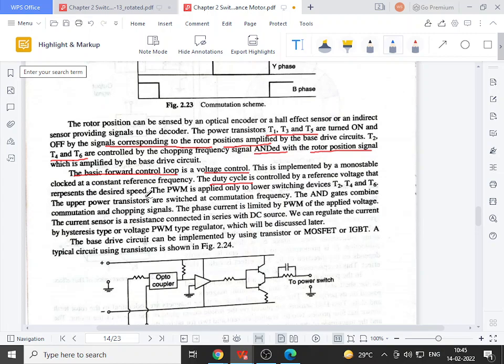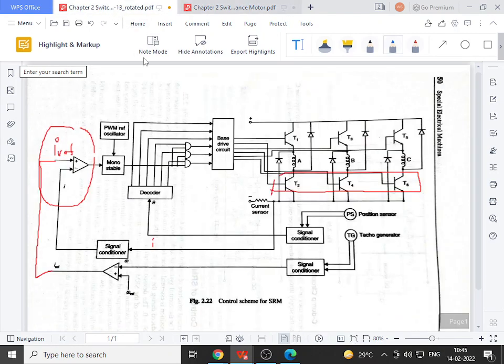SRM. Now again, if you look at this basic block diagram, then there is a PWM reference oscillator. I think you are familiar with the PWM concept, pulse width modulation. PWM power converter is covered in PEDC, power electronics devices and circuits.